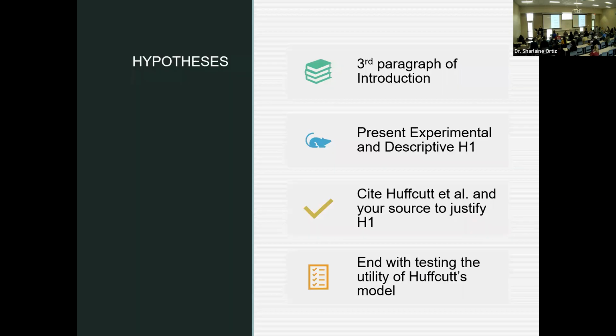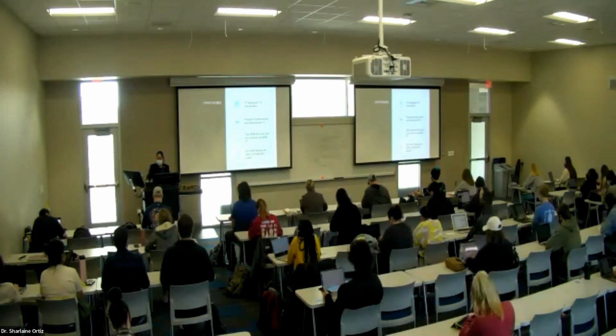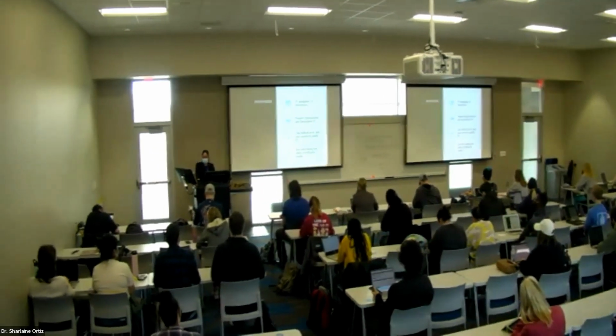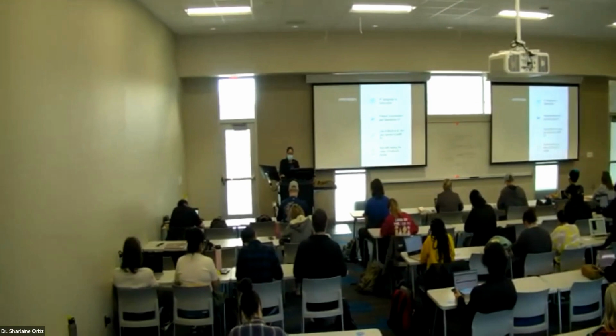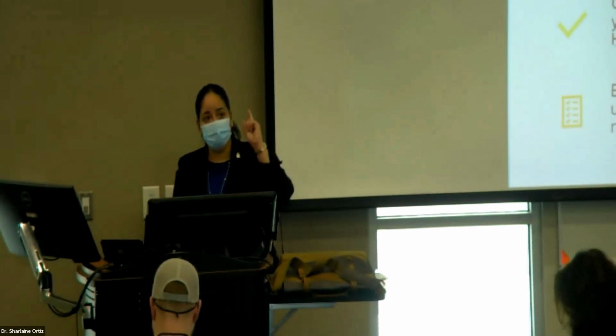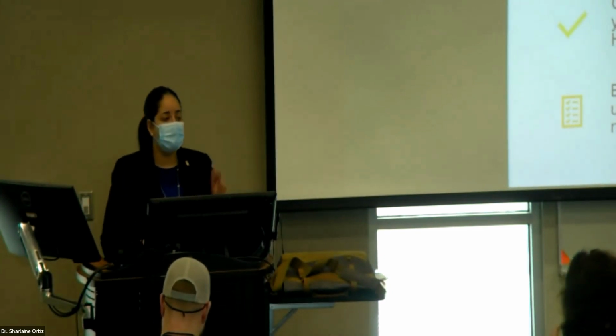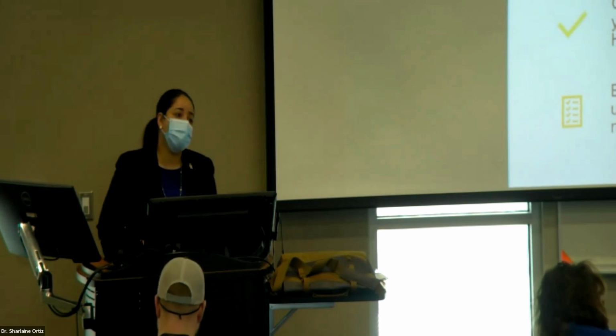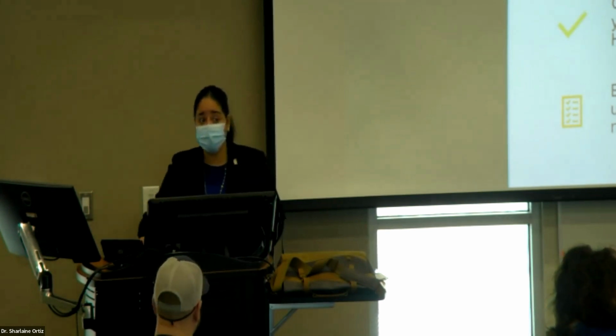Now, let's talk a little bit more in detail as to what is expected of you when it comes to that third paragraph that you're going to be writing, okay? So remember, paragraph one is Huffcut, paragraph 2 is the summary of the second article that you presented.